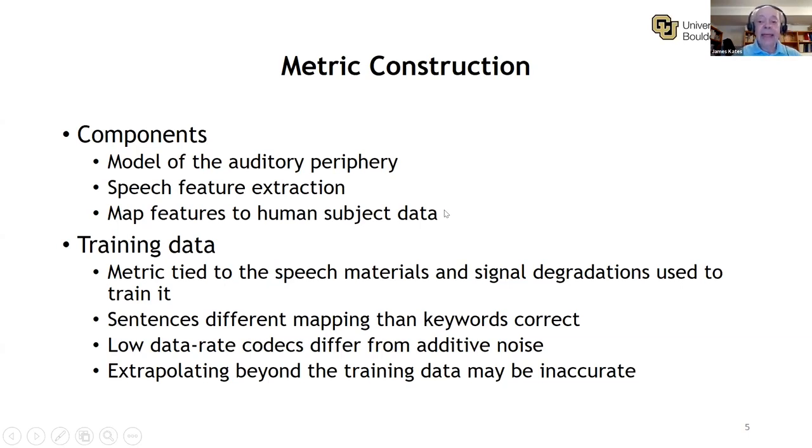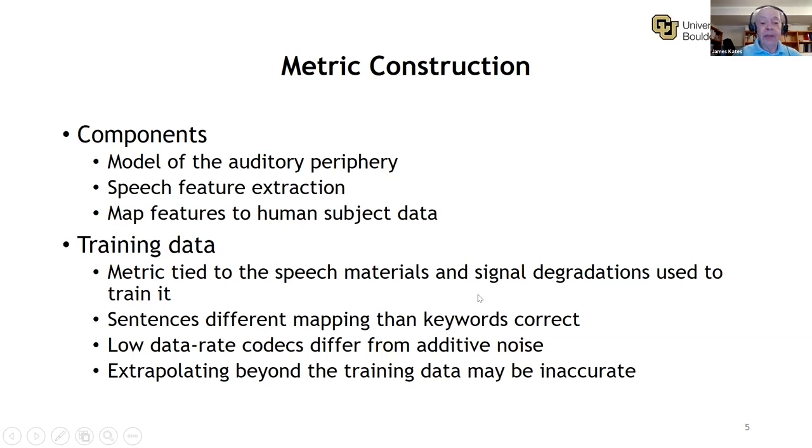If you want something that is general, that you can use to measure the characteristics of an unknown data set, an unknown or brand new form of signal processing, you need to train on a wide range of human subject outcomes.